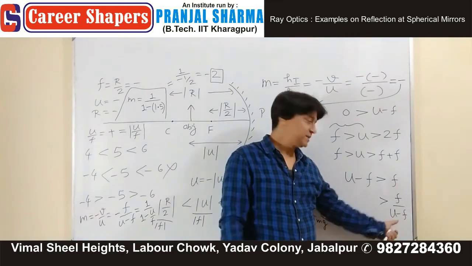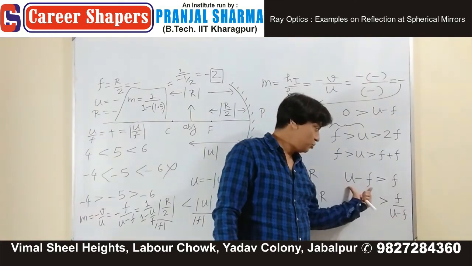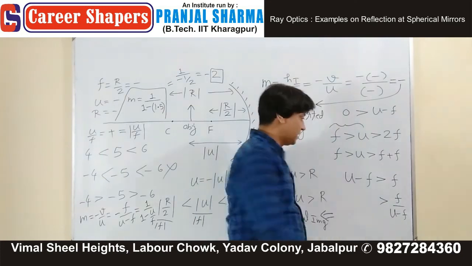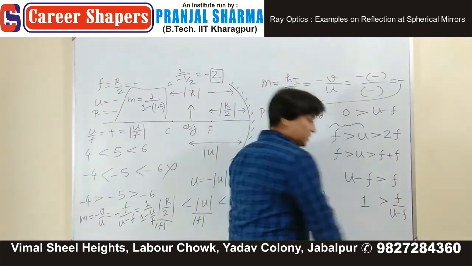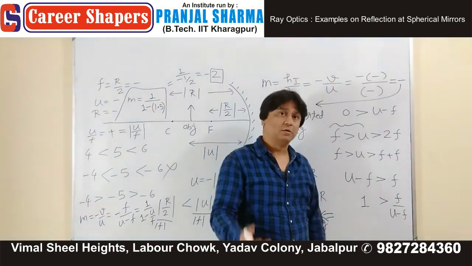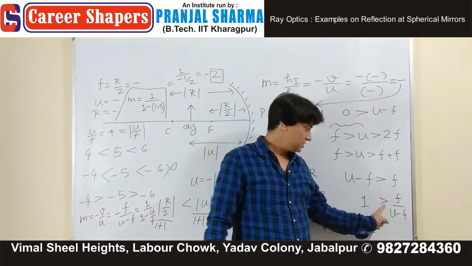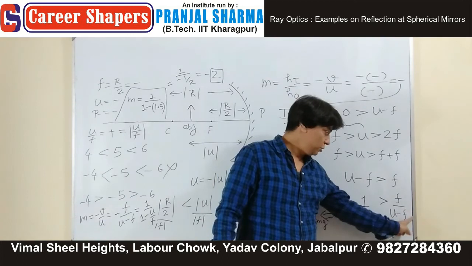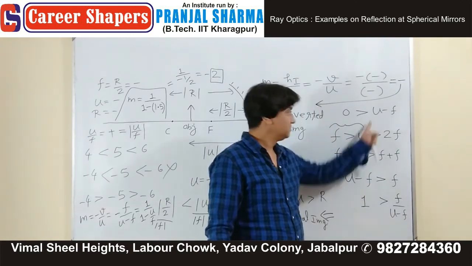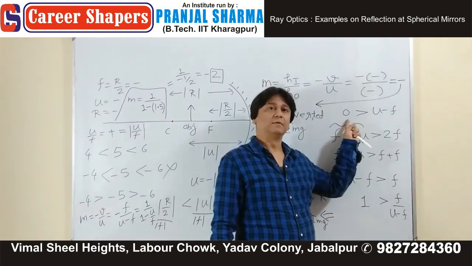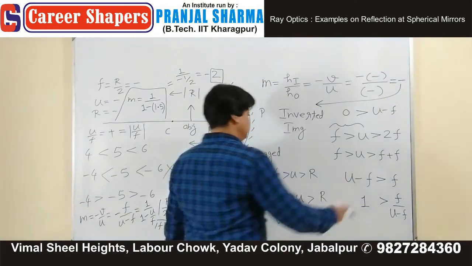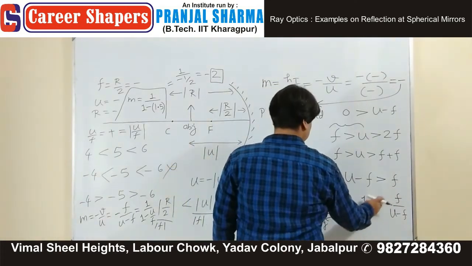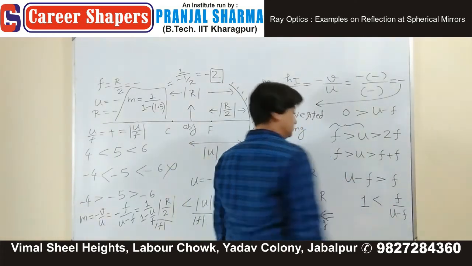Now again maths tells us, if I shift u minus f over here and I simply write 1, then it will be wrong. Why? Because I need to change this. Reason being, u minus f term itself is negative. That means this is now this.